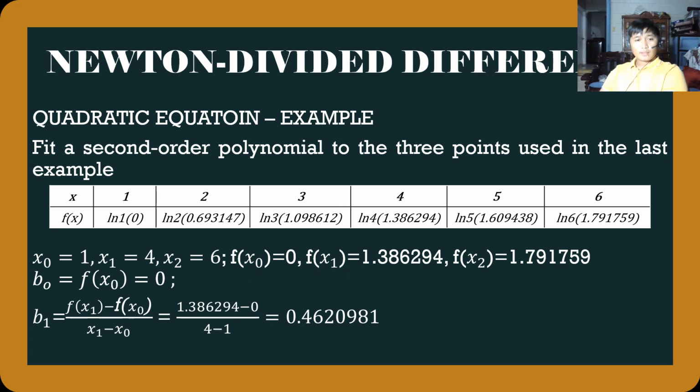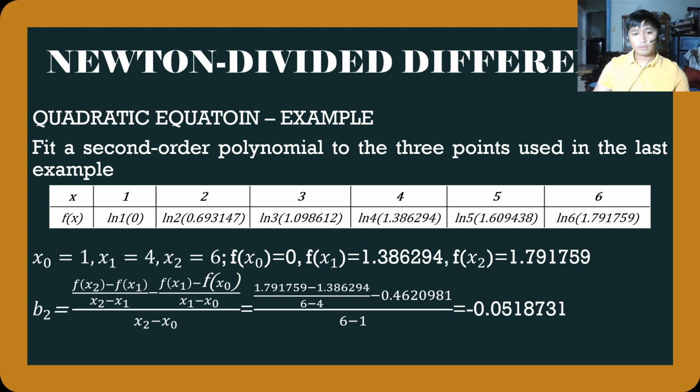Calculating now b sub 1 by plugging in the values, x sub 1 is 4 and x sub 0 is 1. So we came up with this value, 0.4620981.